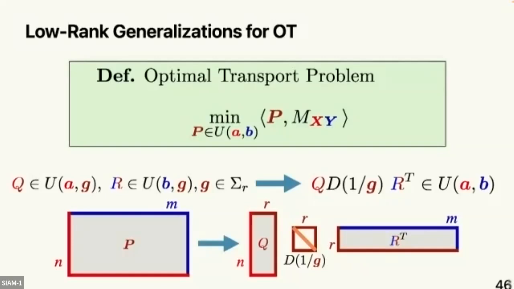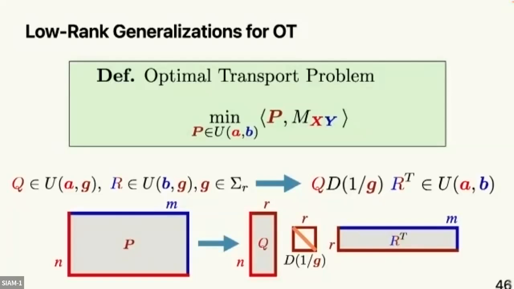And what I am going to introduce instead is a factorization for those matrices P that will have a low rank. So what does it mean that I want the matrix P to have a low rank? Here it will be low rank in the following sense. Remember, I have a matrix of size n times m. That's my coupling that measures the strength of the association between point x_i and point y_j.